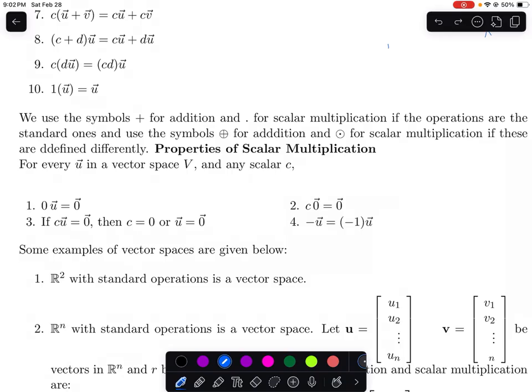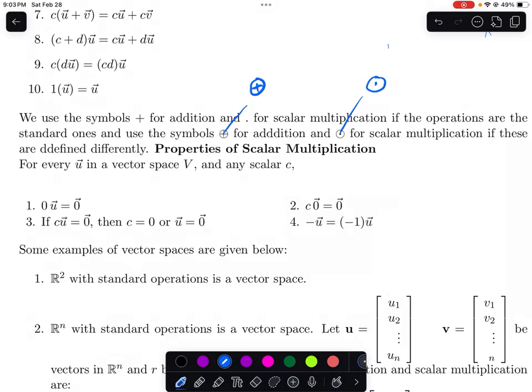If they are not standard operations, if the addition or the scalar multiplication is defined in another way, then we will use the plus sign inside a circle for addition and the dot inside a circle for multiplication. We circle those symbols just to remember that we are not using the standard addition and multiplication.